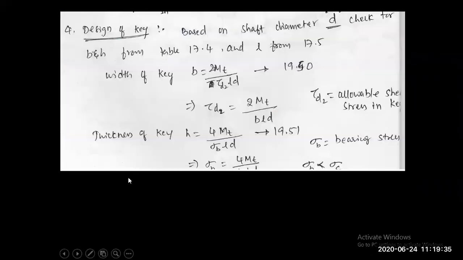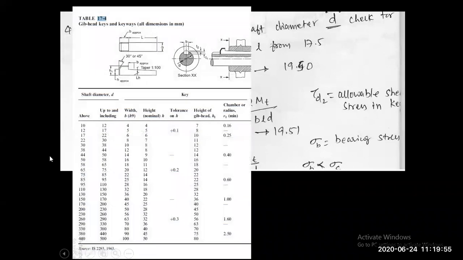So the last step here is to see the design of key. What is the design criteria which is to be followed, and we'll check whatever dimensions we have based on the table, table 17.4.